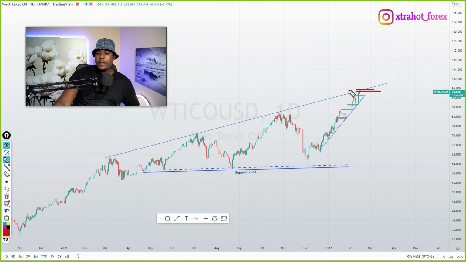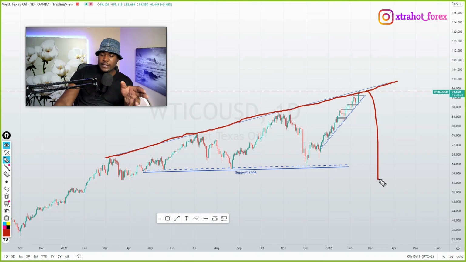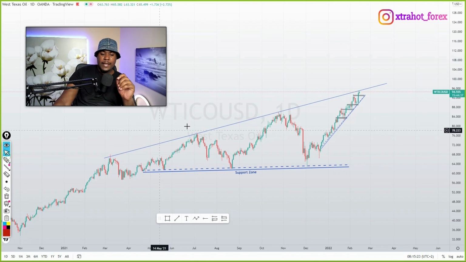When we look back, the market never reached that area ever, so it's just breaking these areas, these records. You can't say this resistance is going to determine where the market is going to turn. I don't think that is going to happen. That's why I don't really like drawing this, because the market can still push up.